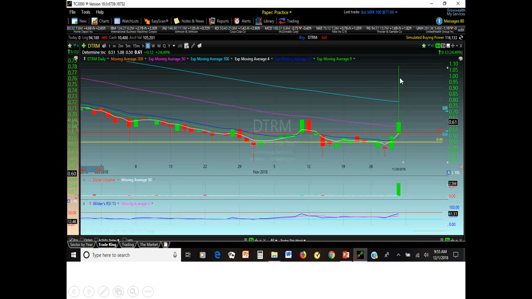It shot way up, darn near to $1.10, opened at 51 cents on the day, as you can see up there on my software, topped out at $1.08, closed at 61, and had a low of 50. So it has a tiny wick at the bottom, but this thing shot way up. The market said these prices up here were too expensive, and sold it all the way back down. The market's kind of bearish right now anyway.